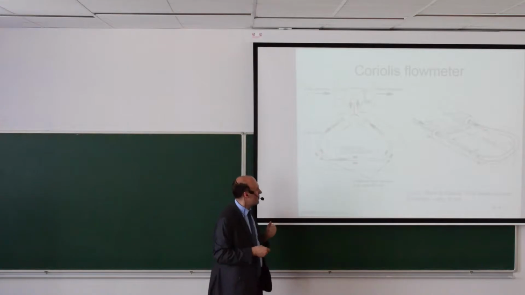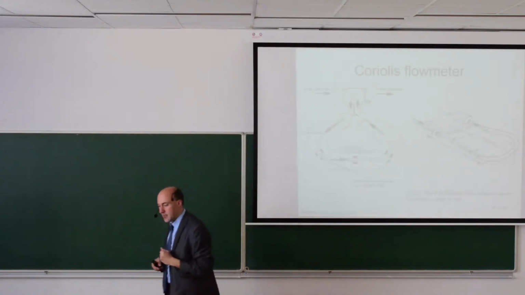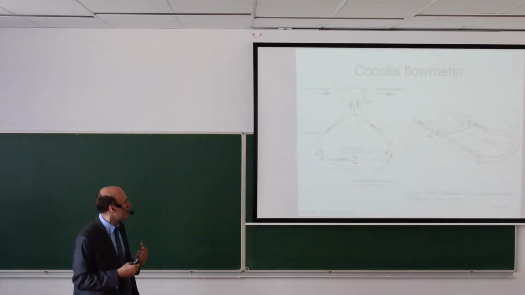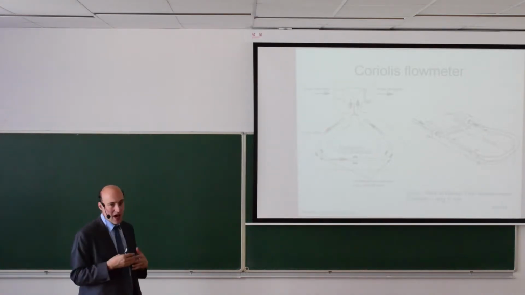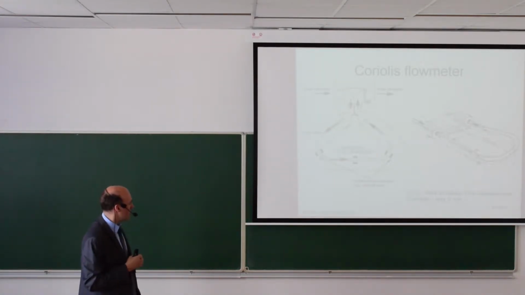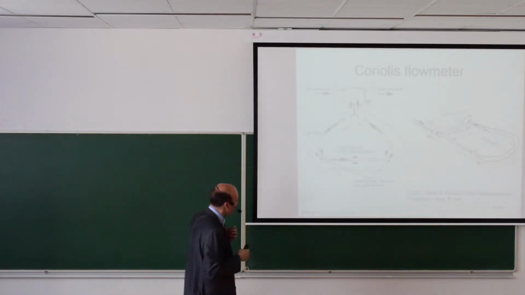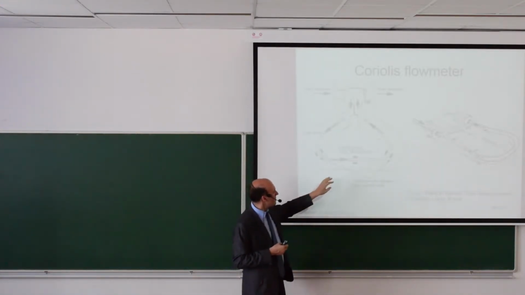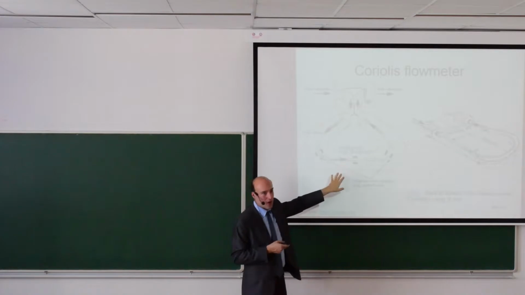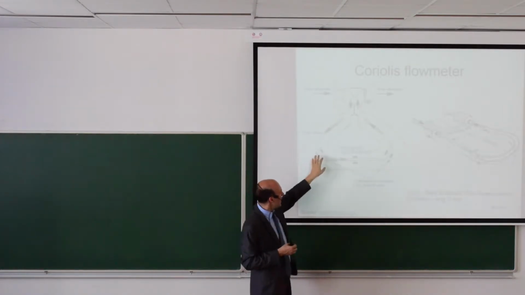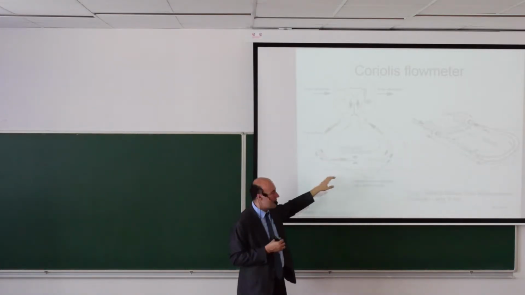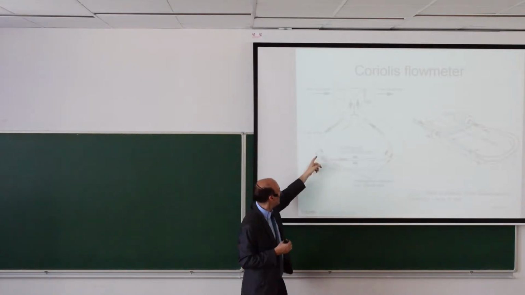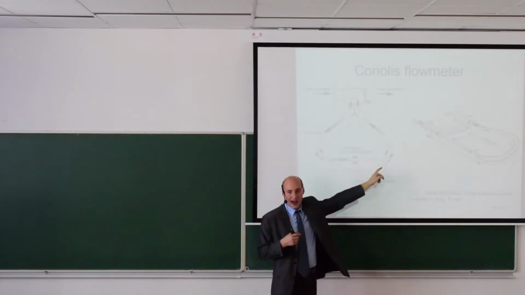Those sensors can be, for example, inductive sensors, so they are detecting the motion of the tube up and down with good accuracy. When there is no flow, the tube will oscillate back and forth uniformly, and the oscillations will happen at the same time at this position and at this position.